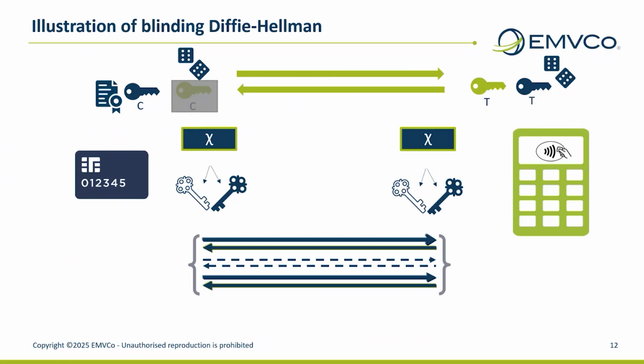The important thing is that the card public key provided to the terminal is the blinded version of the card's certified public key. Some of you may have noticed that so far there is no way for the terminal to actually authenticate the card, as all it got from the card was a randomized public key that looked like an ephemeral public key. And that's the trick for blinded Diffie-Hellman.